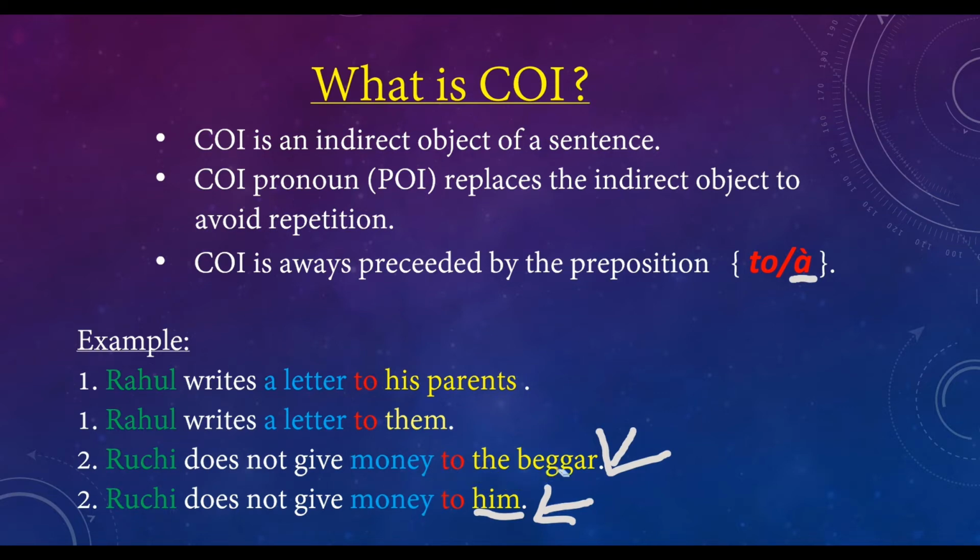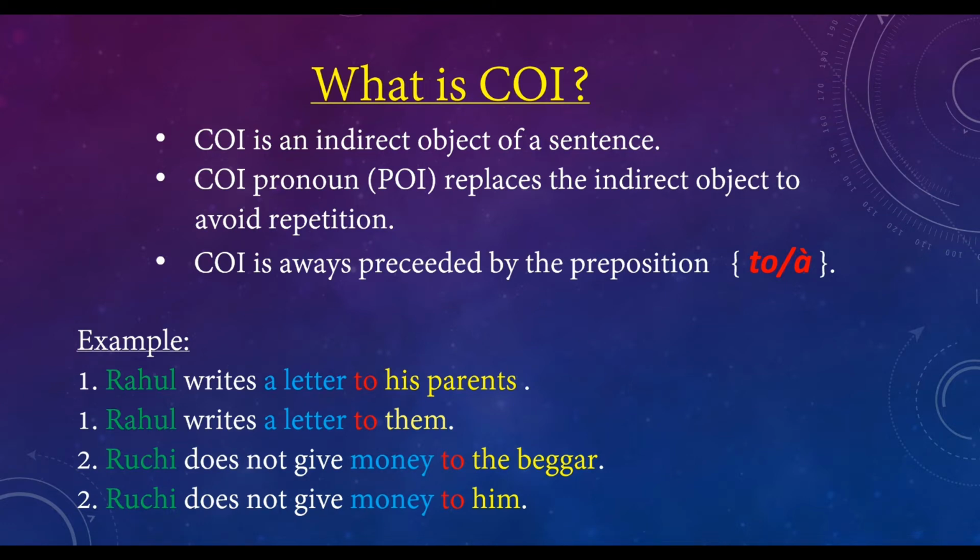Here in this video, we're going to discuss only the objects that are introduced by preposition à. And how is it replaced? It is replaced by the indirect pronoun, which is also called POI.